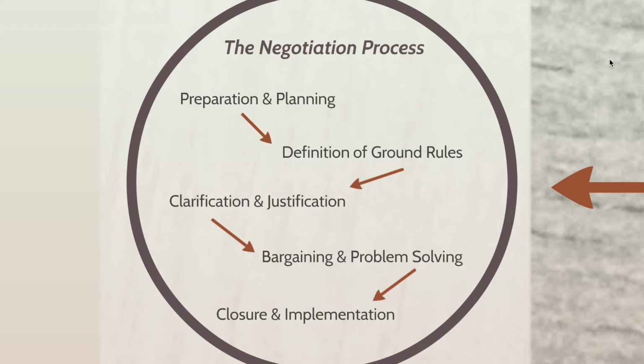Now these two steps can happen as a pair, back and forth over a negotiation. So it's not just a one-shot clarification and justification followed by bargaining and problem solving. Once you finish bargaining and problem solving a little bit, you might come back to clarification and justification and then go back to bargaining and problem solving. You go through that process as many times as you need to until you get to the point of closure and implementation.